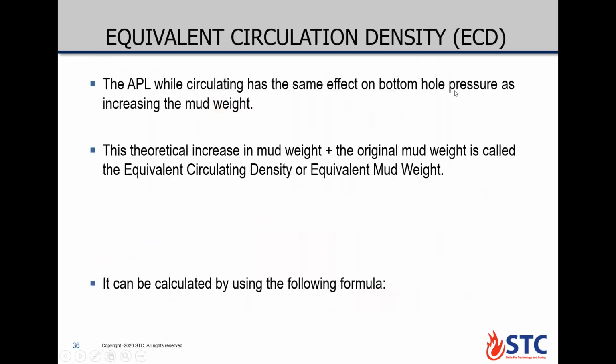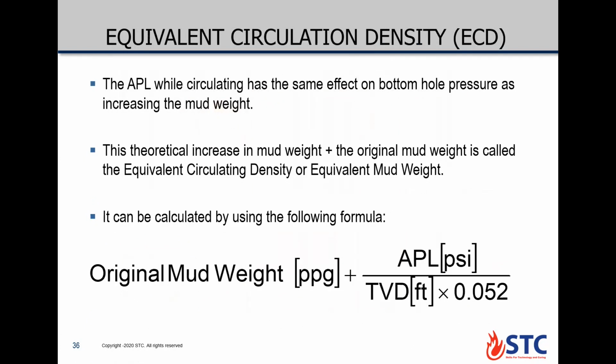Okay, the effect of APL gave rise to a new concept called equivalent circulating density. While we are in a static situation like this, no pump is running. Let's say our mud weight is about 10 ppg, so bottom hole pressure is equivalent to 10 ppg.